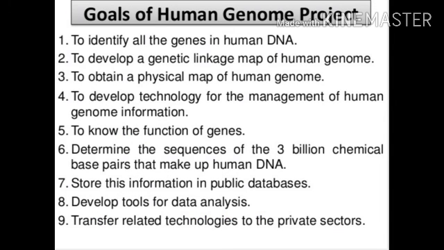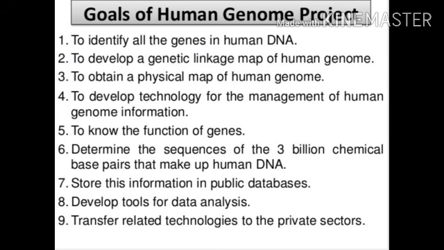Now, the goals of the Human Genome Project. First, with the help of the Human Genome Project, we can identify all the genes present in human DNA. Second, to develop a genetic linkage map of the human genome. Third, to obtain a physical map of the human genome; physical mapping includes the distance between the genes.